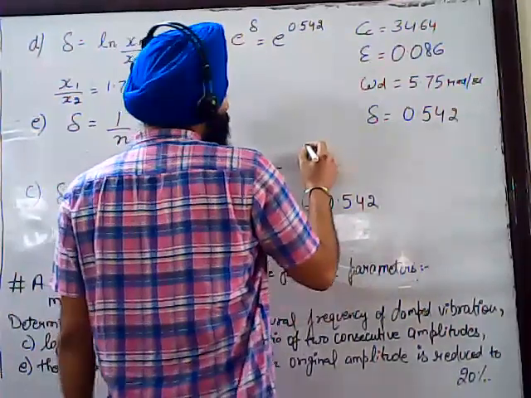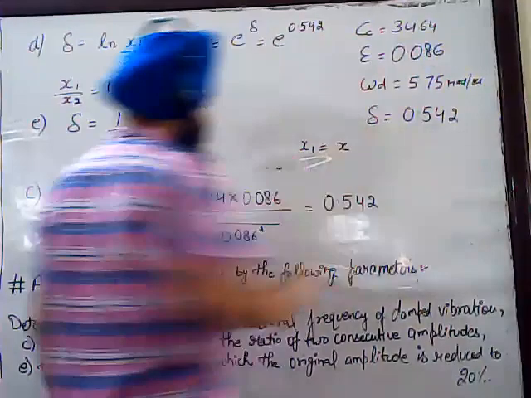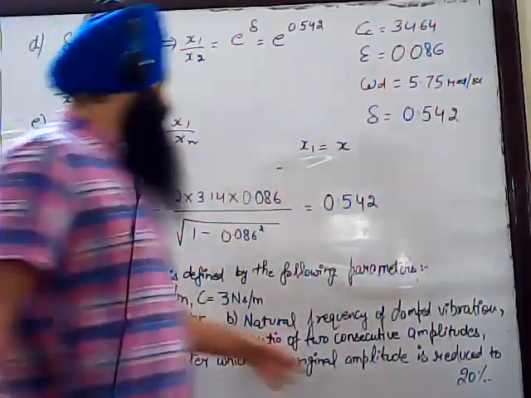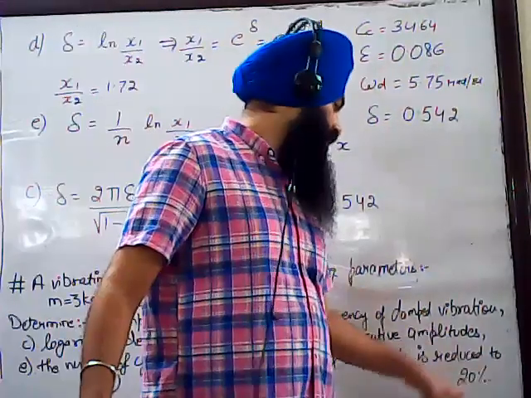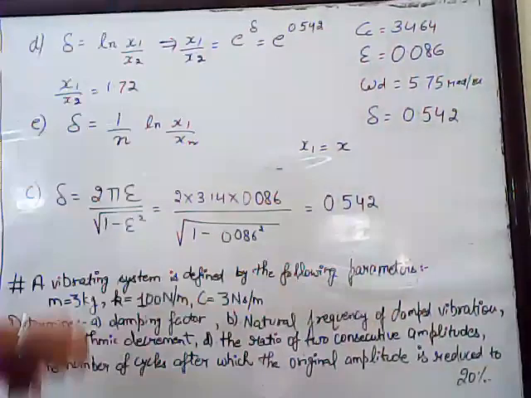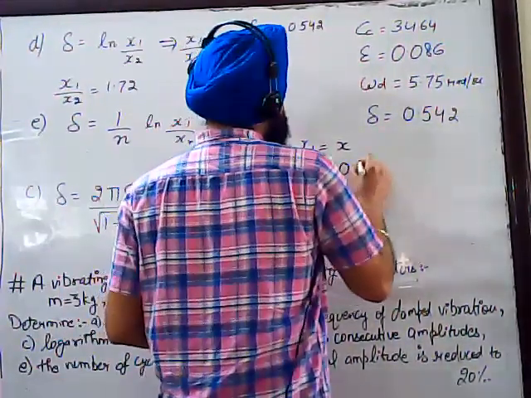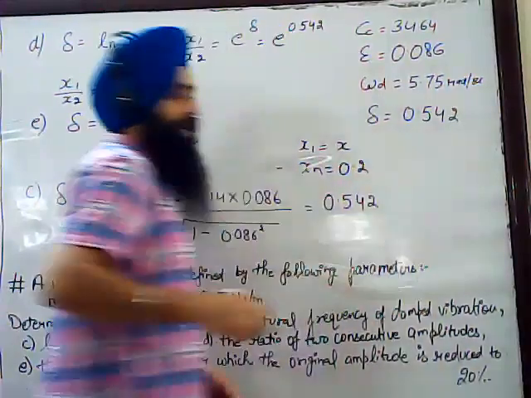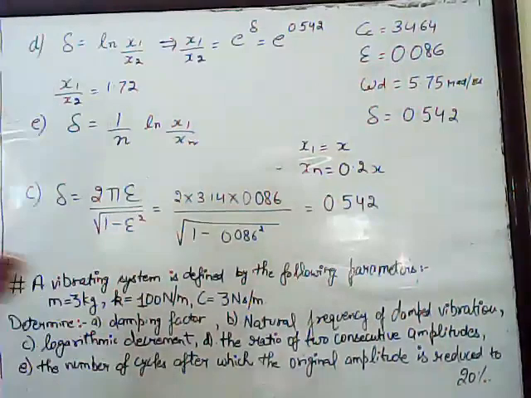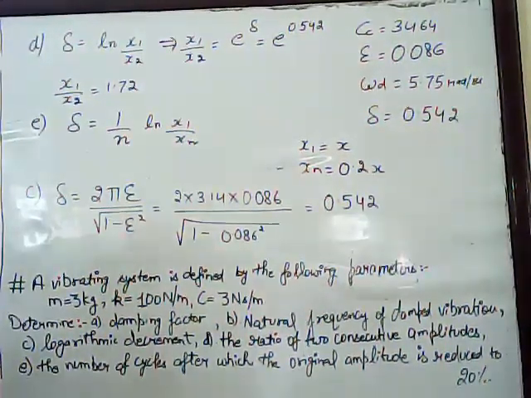Let the original amplitude be x. It must be reduced to 20%, so xn will be 20 by 100 of x. So the value of xn is 0.2 into x.